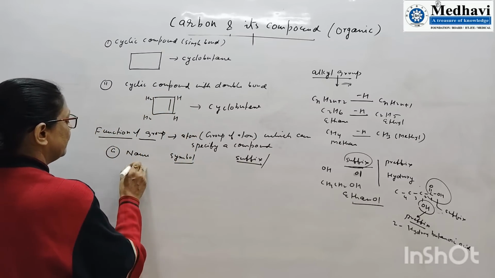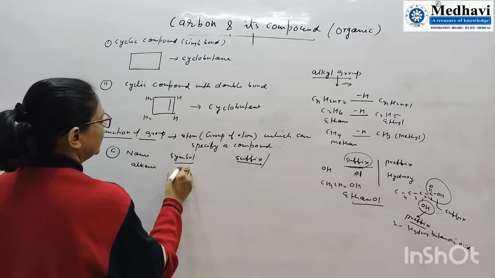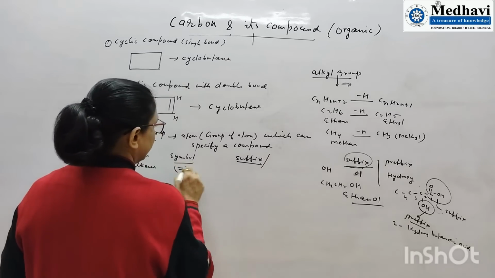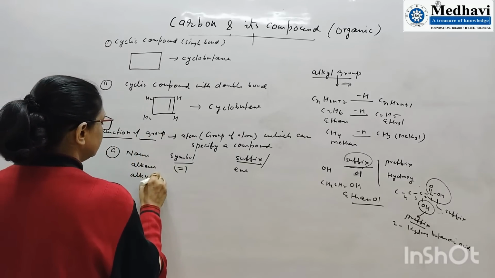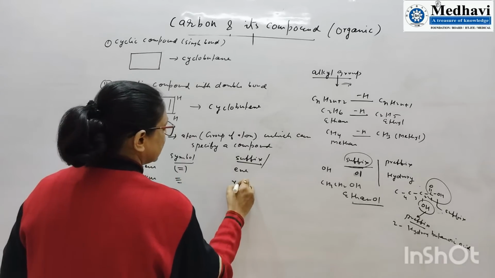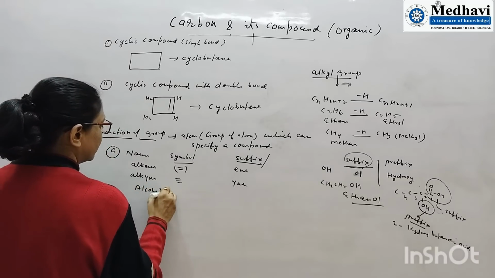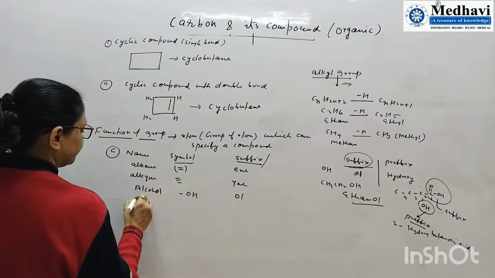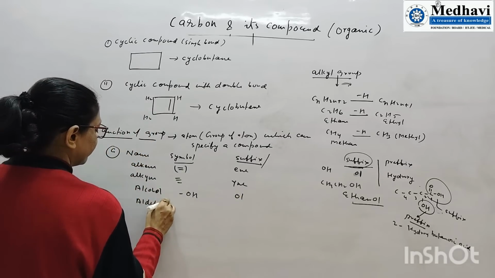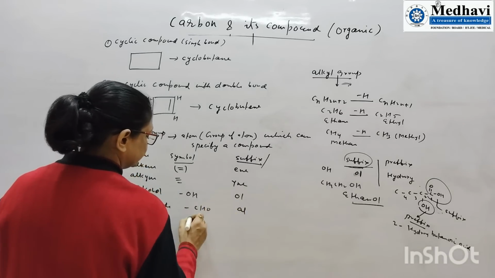The first part is alkene, double bond, and the suffix is ene. Alkyne, triple bond, it is yne. Alcohol, OH, ol. Aldehyde, CHO, al.